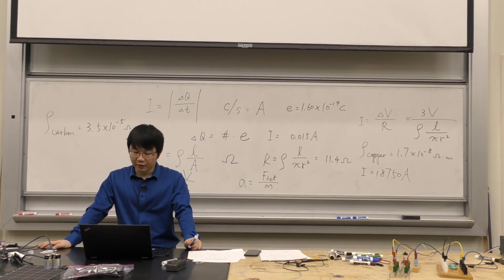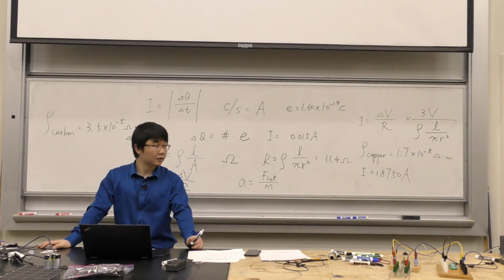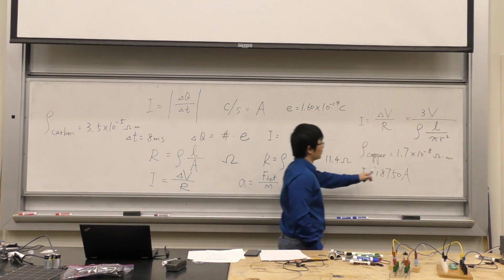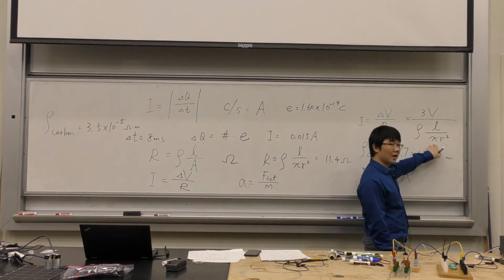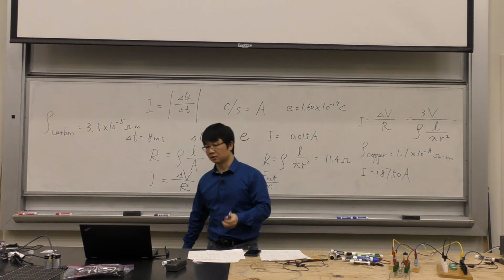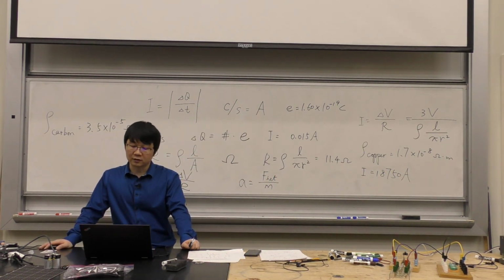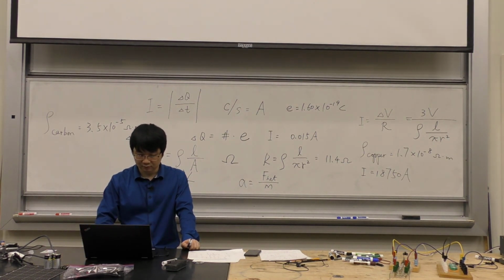So it's going to generate a huge current in this path, and it's going to damage everything in this path. If you connect the conducting wire to a battery, it's definitely going to damage this battery. So you should never do that. You should never short circuit anything.